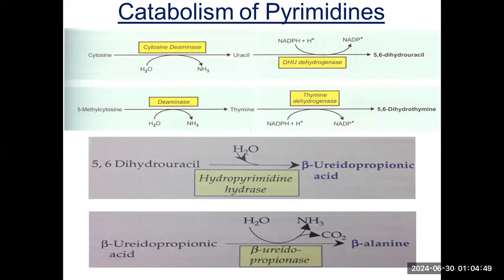Now this 5,6-dihydrouracil is hydrolyzed by the action of an enzyme, hydropyrimidine hydrase, and converted into beta-ureidopropionic acid. Beta-ureidopropionic acid is then further hydrolyzed, deaminated, and decarboxylated to form β-alanine by the action of the enzyme beta-ureidopropionase, and we get the formation of β-alanine.